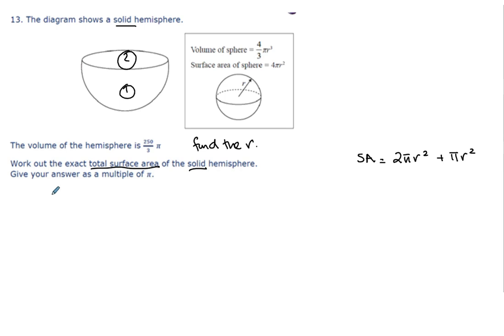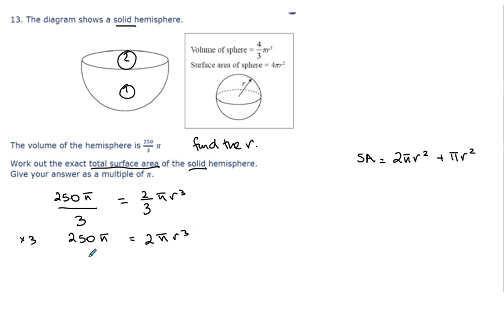Okay, so the volume is 250, and I'll just put the pi up there, divided by 3, yeah? And what is the formula? It's 2/3 pi r cubed. Okay, you can see they've both got a denominator of 3, so let's multiply by 3 to get rid of the denominator. So you've got 250 pi equals 2 pi r cubed.